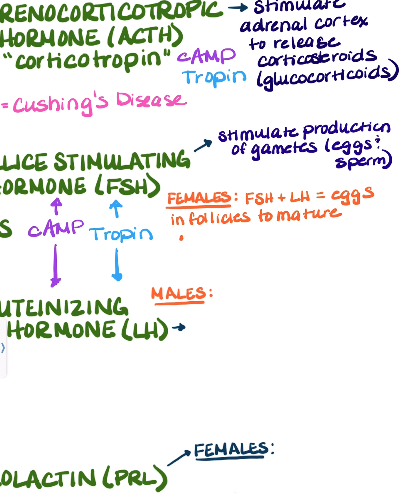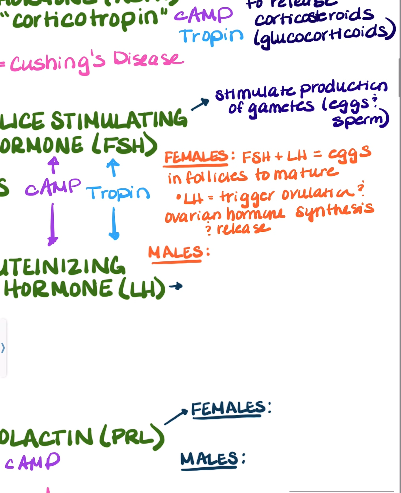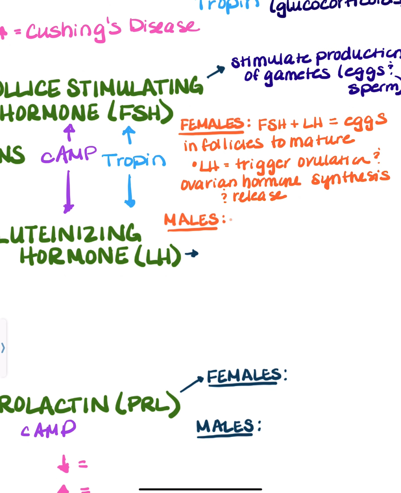LH alone in females can trigger ovulation, as well as ovarian hormone synthesis and release. In males, basically the only gonadotropin that functions is LH, and LH is going to function in the testes to produce testosterone.